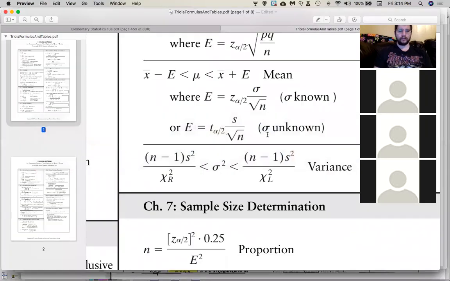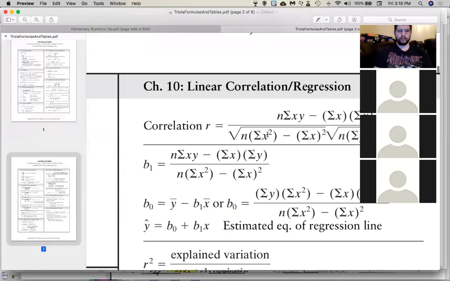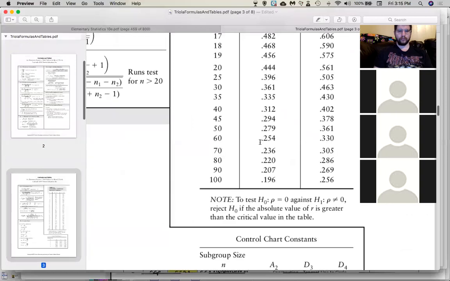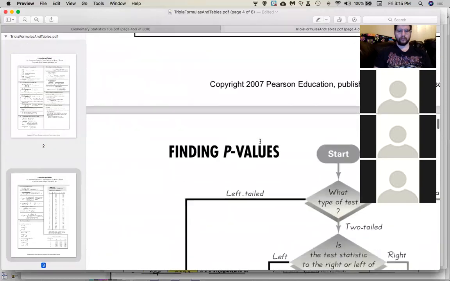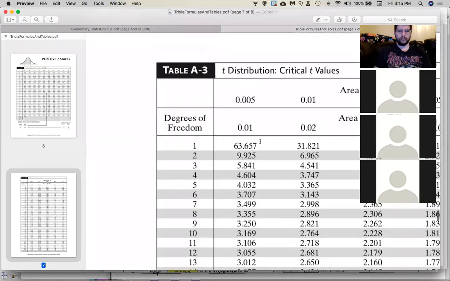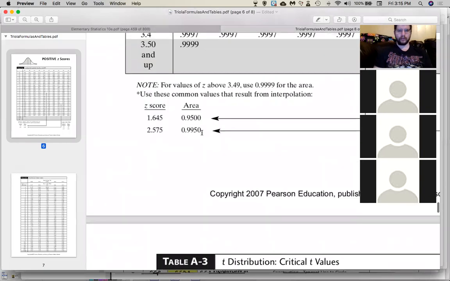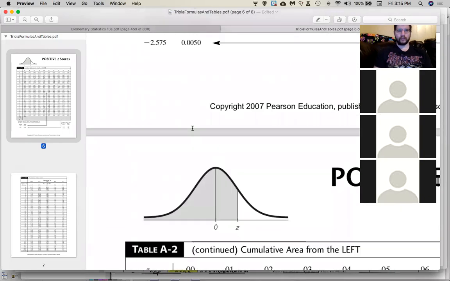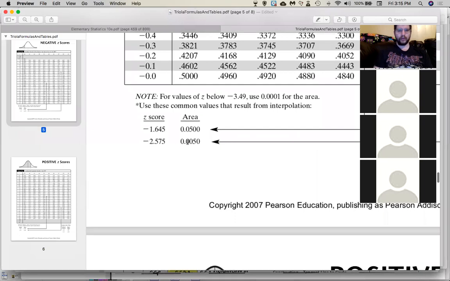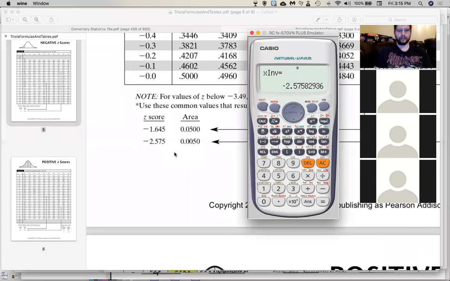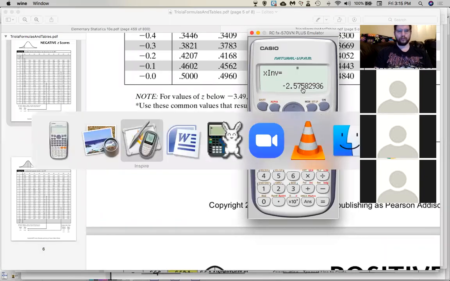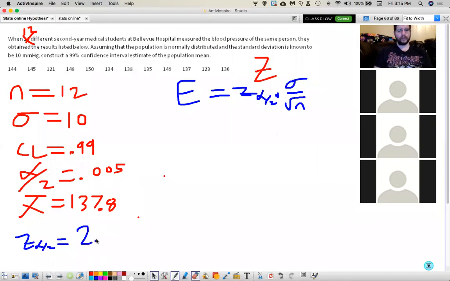Looking on the chart, that's the positives, let me go to the negatives. 0.005 corresponds to 2.575. Pretty close. Let me use a 2.575. The TI will give us the other value in a minute so we can compare those.